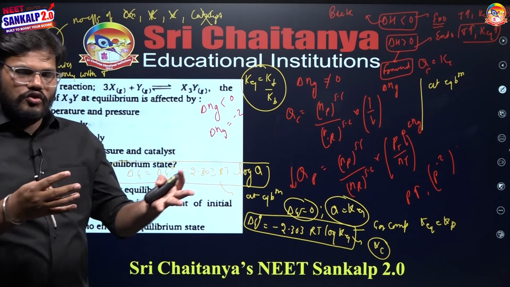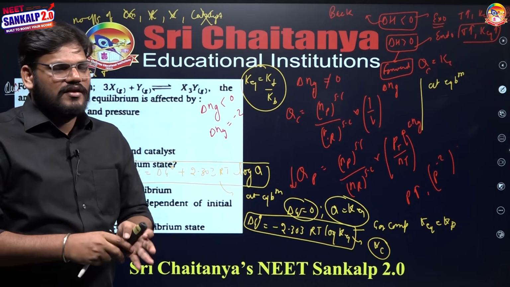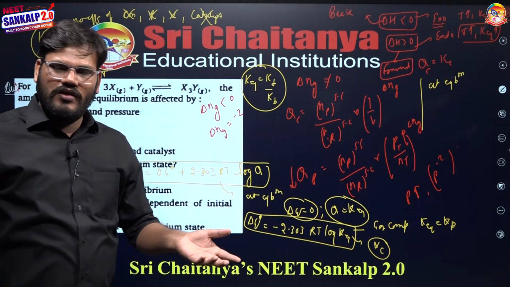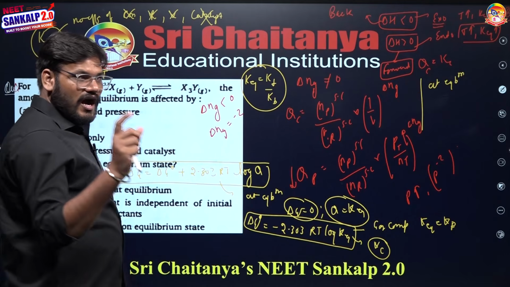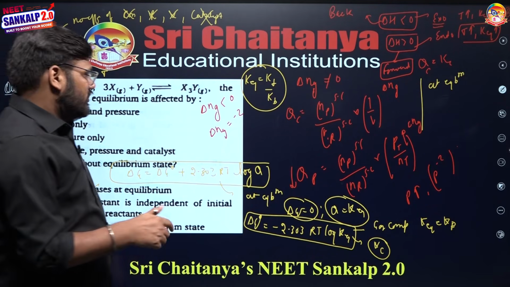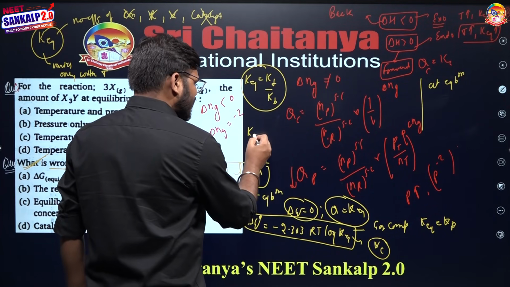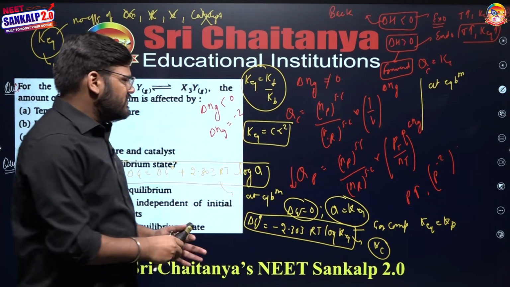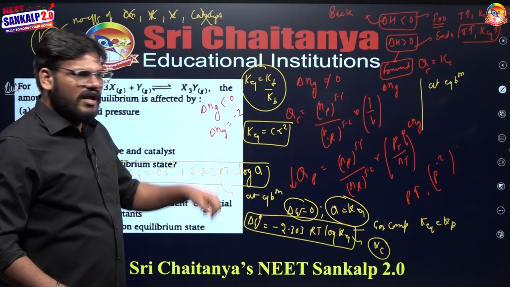Or doubling the volume, or decreasing the volume by half, K equilibrium will not change. Or on changing alpha, will K equilibrium change? No. By changing alpha also K equilibrium will not change. Let's say for some reaction K equilibrium is C alpha square. So someone says that if I change alpha, then K equilibrium will change.